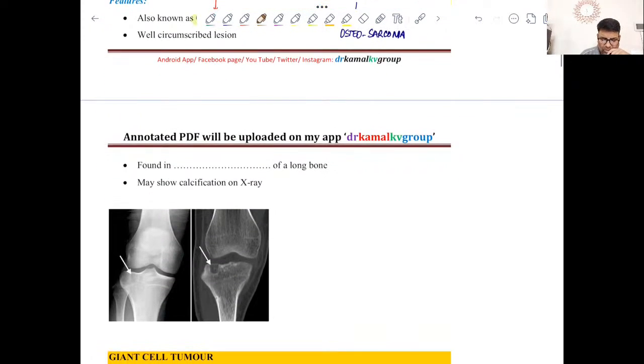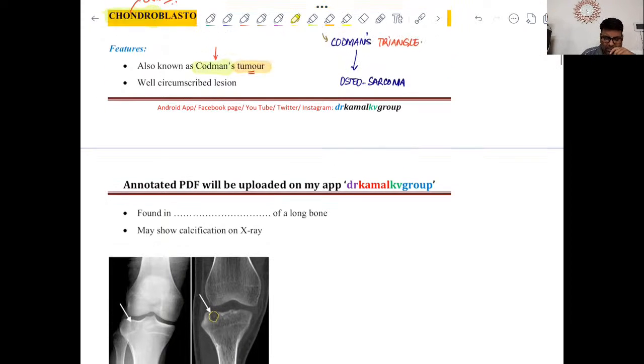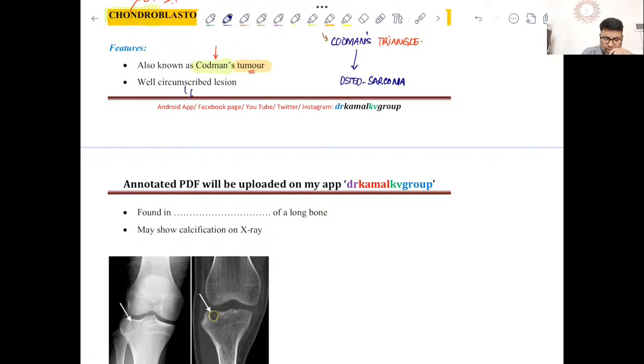So anyway, let me have a few words for this. In chondroblastoma, you can see a well circumscribed lesion. Now when I say well circumscribed, I mean the tumor is well localized, and you can clearly mark the extent of the tumor.